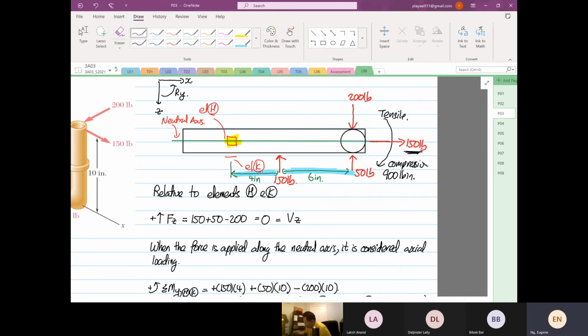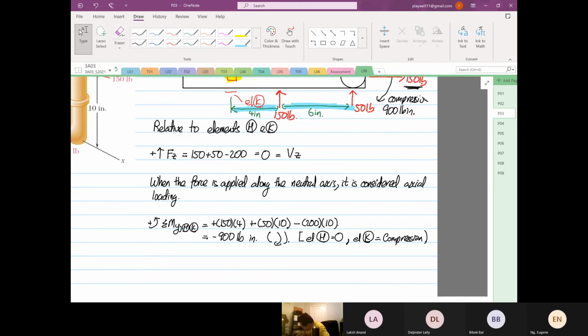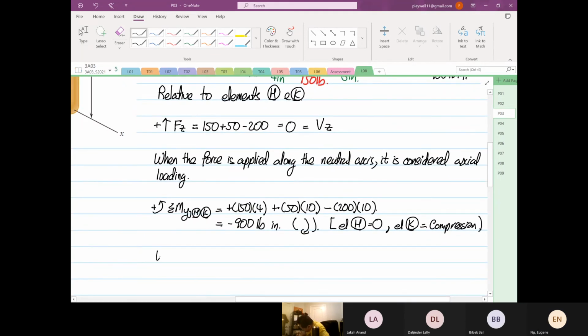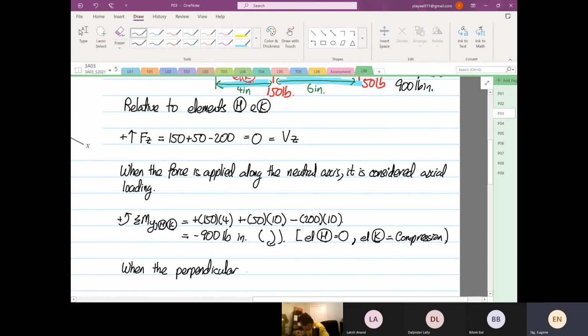So towards the element, so when the perpendicular distance is parallel to the neutral axis, right?